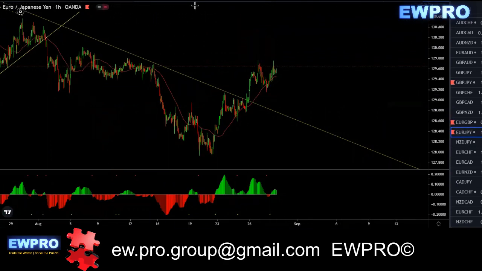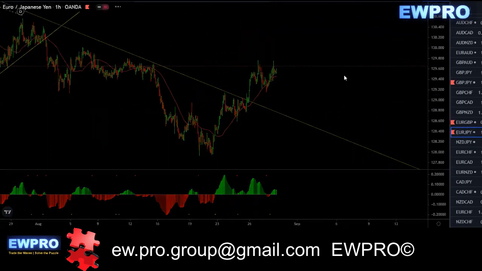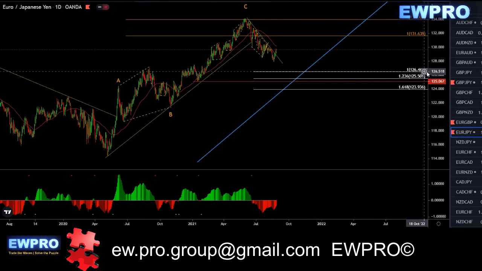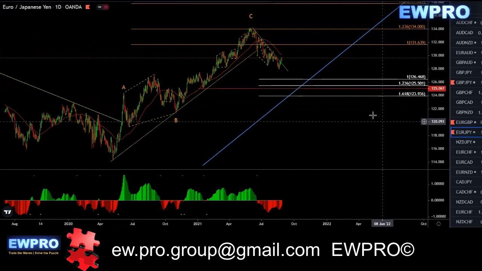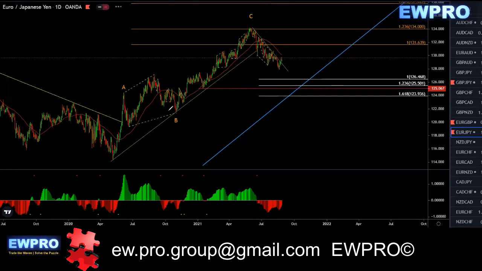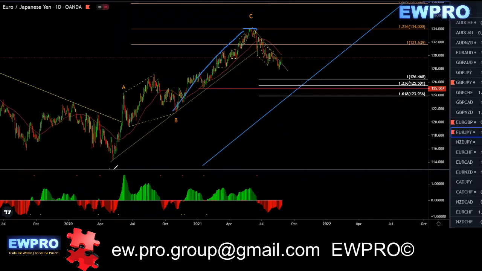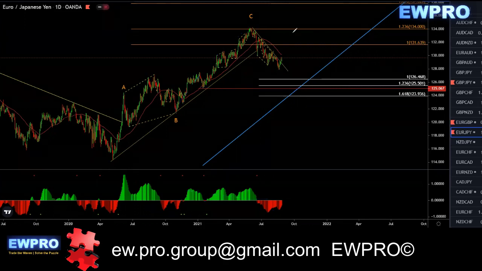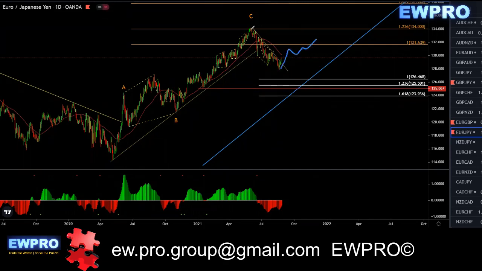Here I got a couple nice buys on. So looking at the daily on the EY, we bounced off that 123.6. We've got all this bearish divergence, but we got this bull hidden here. It's not valid to trade as bull hidden, but even if it's not valid to trade, usually we get a large, deep correction.